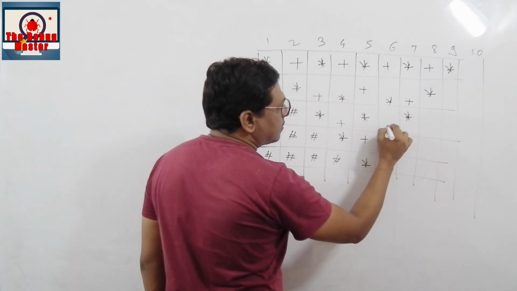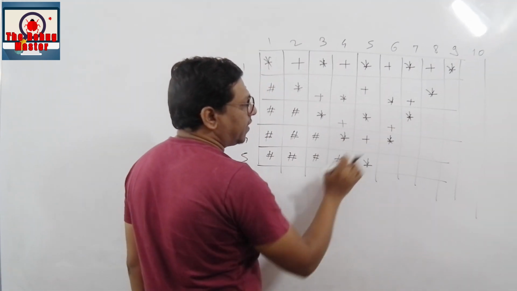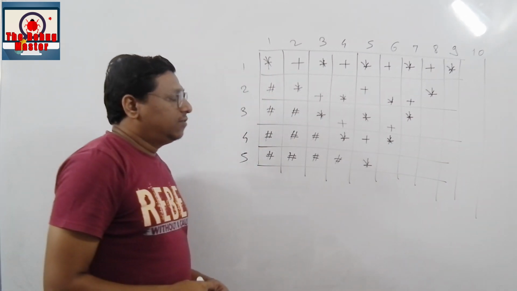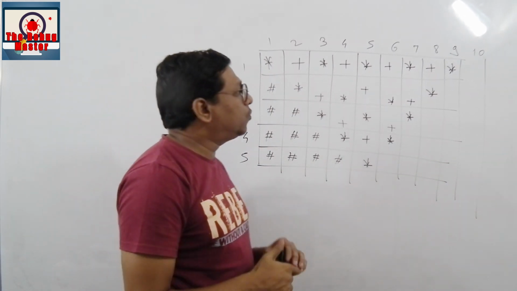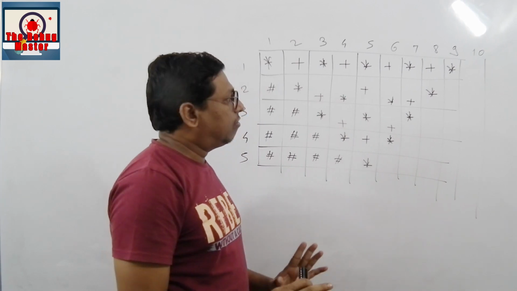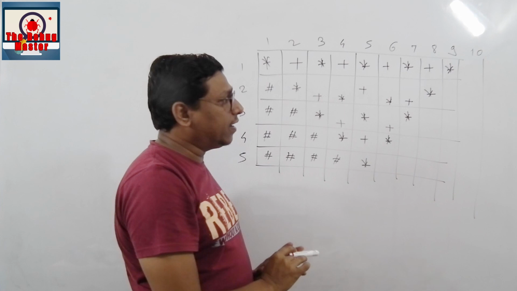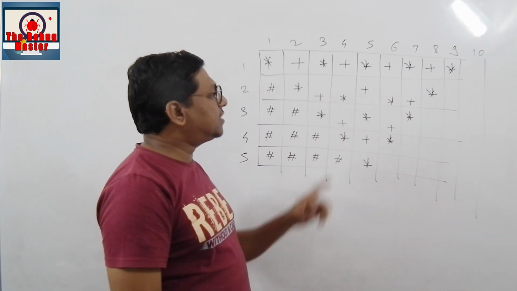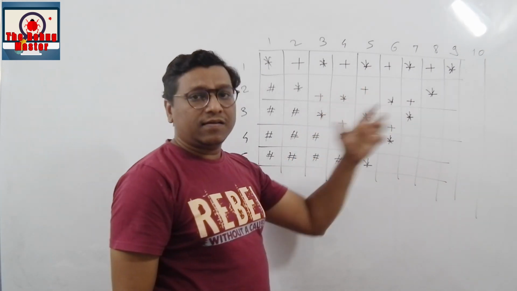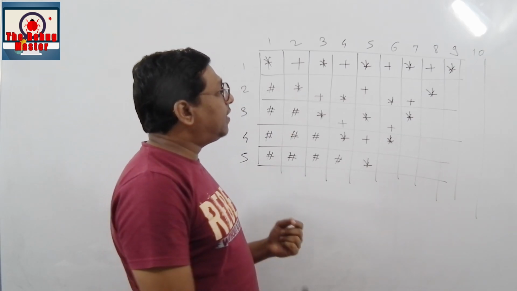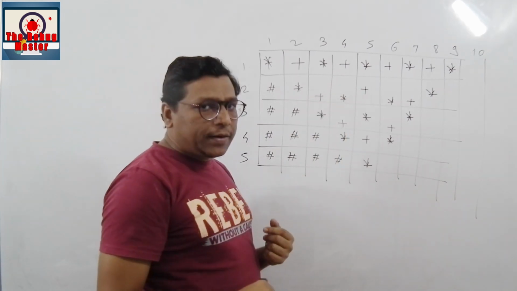And here plus plus, and here is the star plus, it is already there. So friends, first of all we'll figure out how to print this solid pattern, and later we shall discuss these blank spots. Okay friends, so let's start practically to print this solid pattern first.